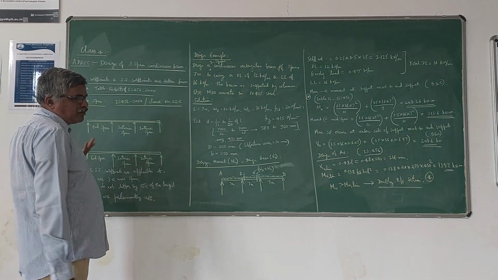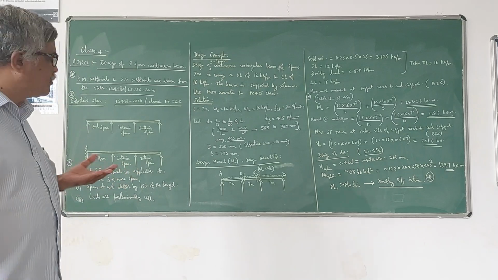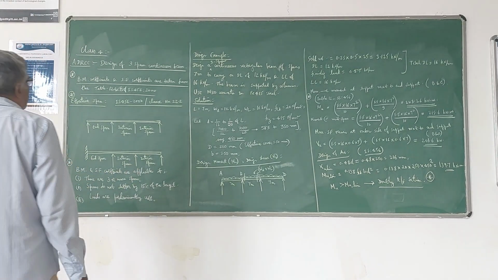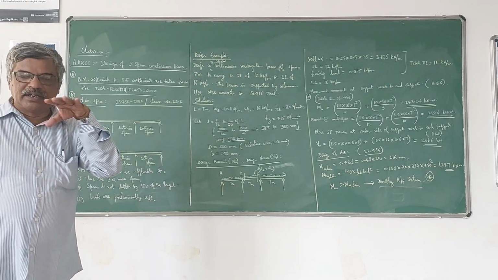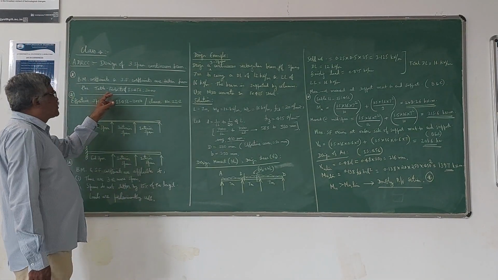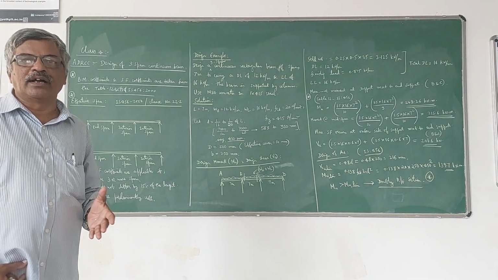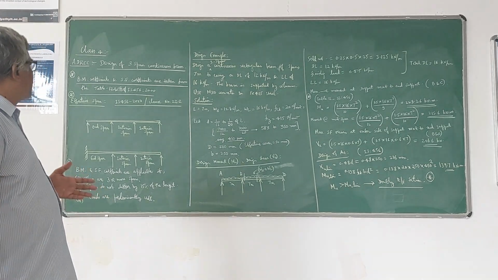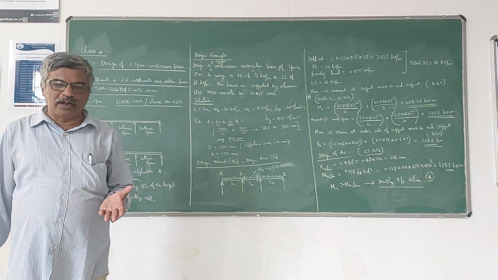For the design of a three-span or more than three-span continuous beam, normally we are going to use bending moment coefficients and shear force coefficients, which are available in the tables of Clause 13 of IS 456. So you can directly refer to the IS code, these two tables, and you can design the three-span continuous beam.